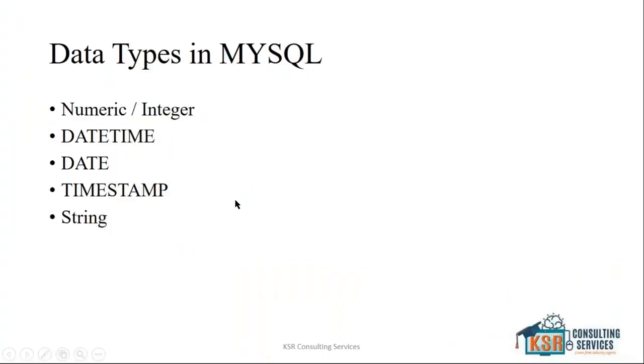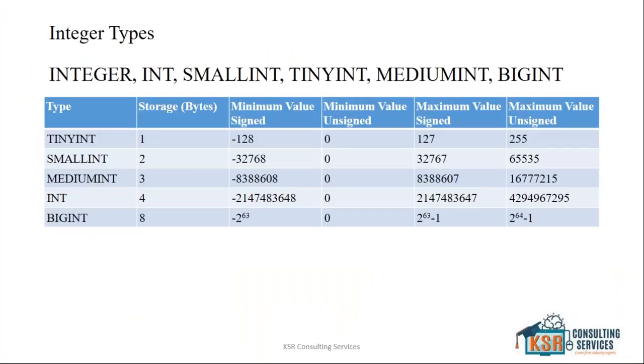What I observe is that in the integer data type we have all these sub data types. So try to understand, this was my integer data type. In this integer data type we have many sub data types: tiny int, small int, medium int and big int.